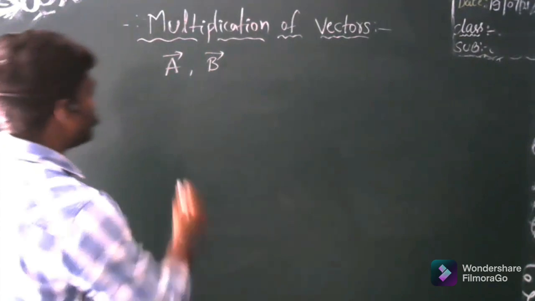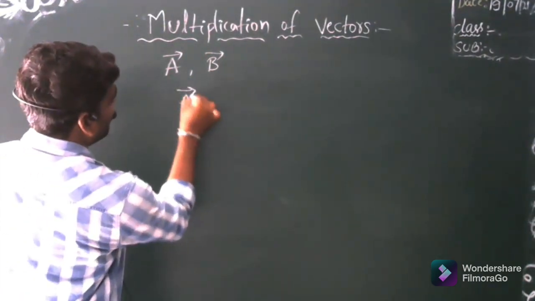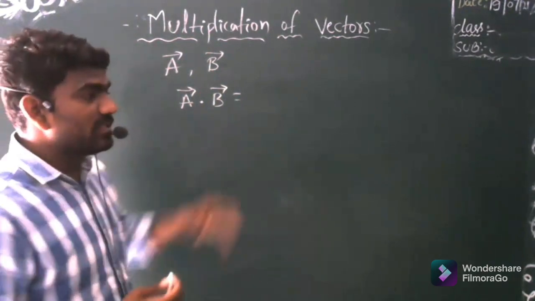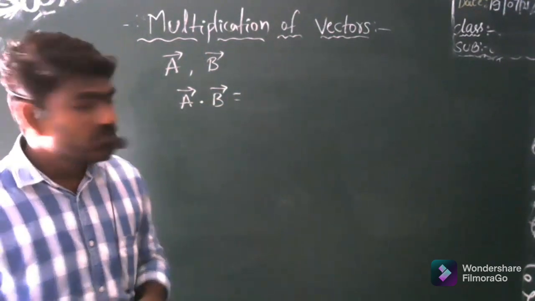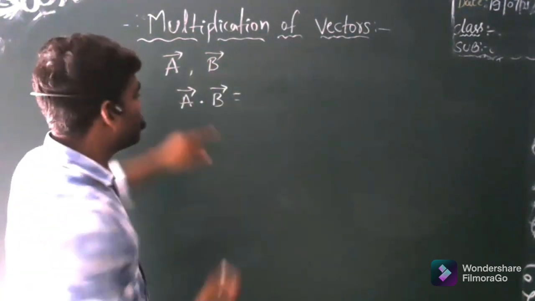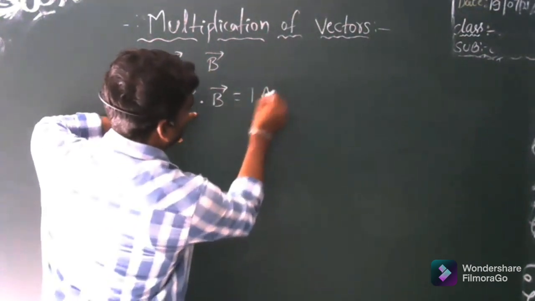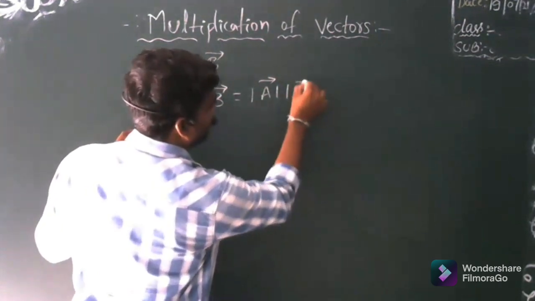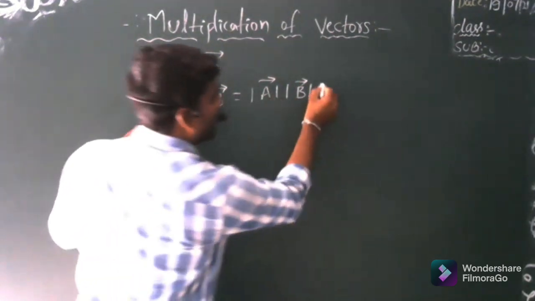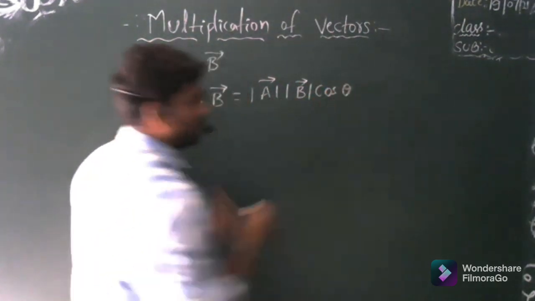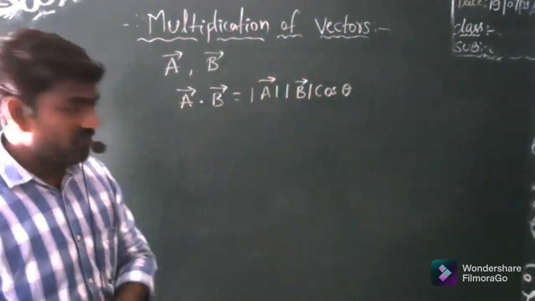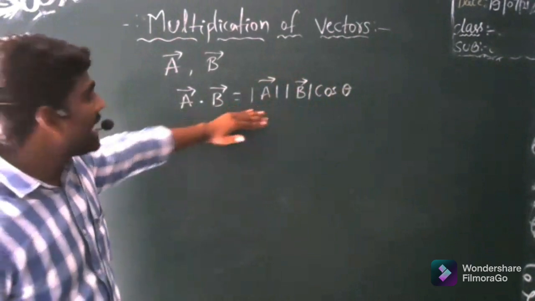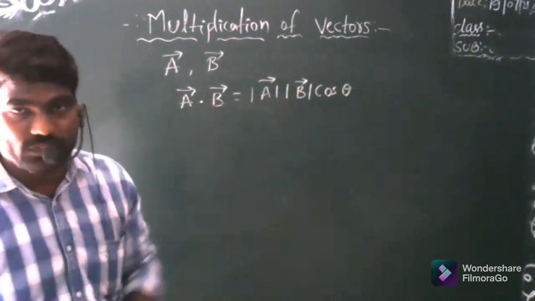Vector A dot vector B equals the magnitude of vector A times the magnitude of vector B times cos of the angle between them. This is the general formula to calculate the dot product of any two vectors.